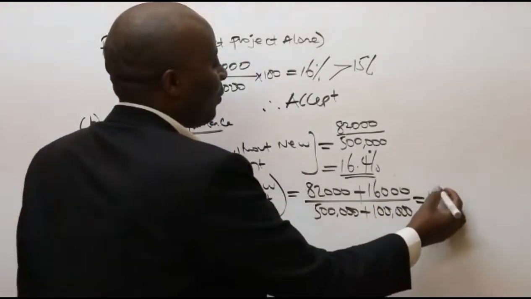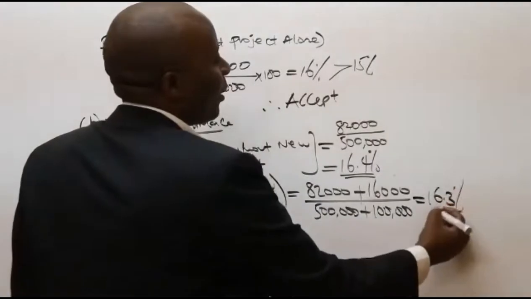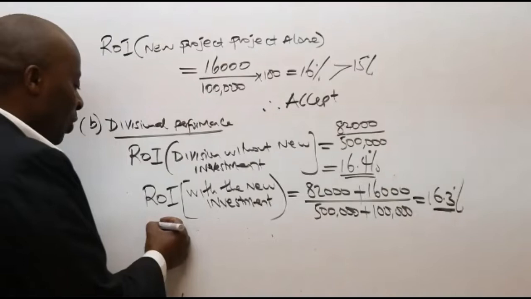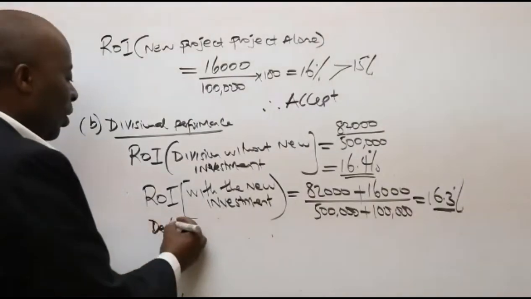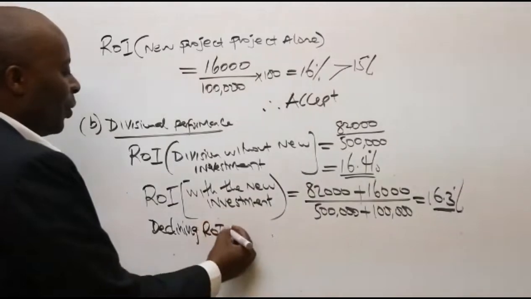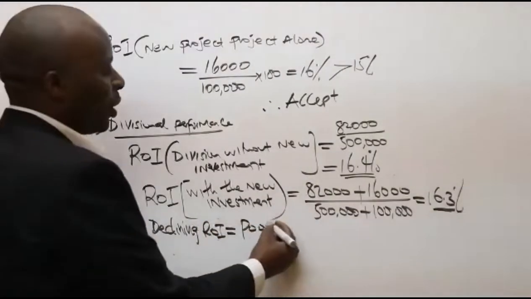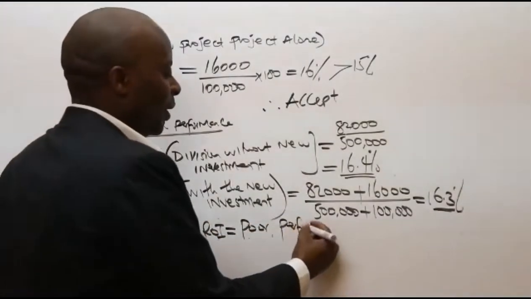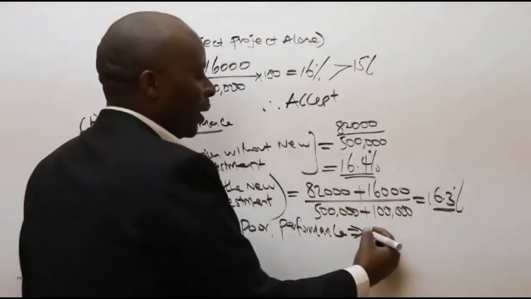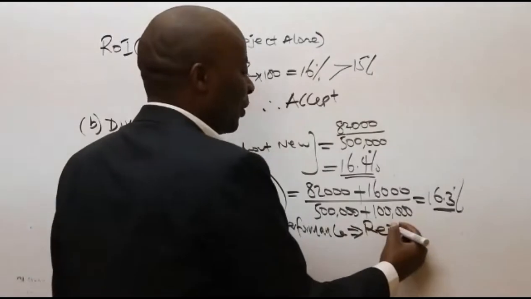So then this will give us 16.3 percent, which from the perspective of the division is a declining ROE, which signals poor performance.